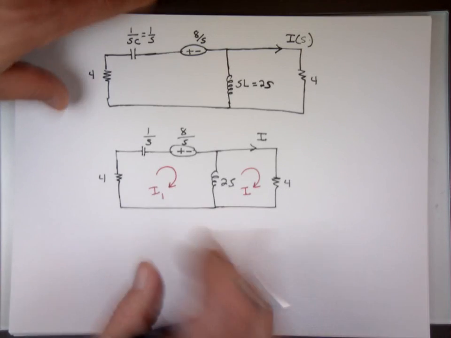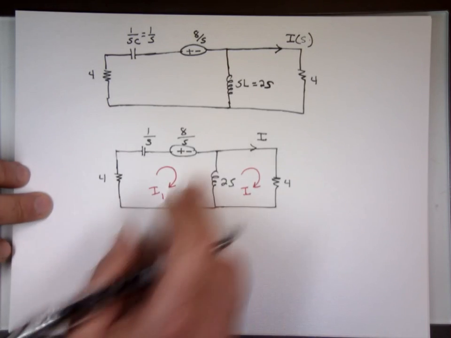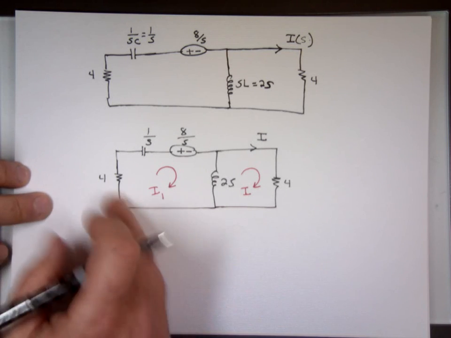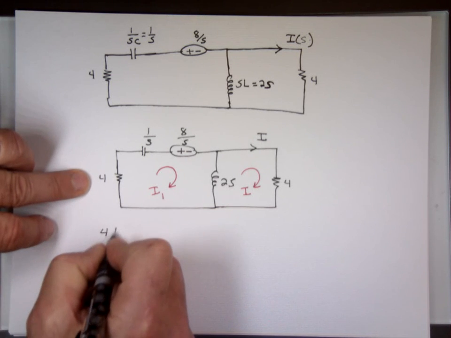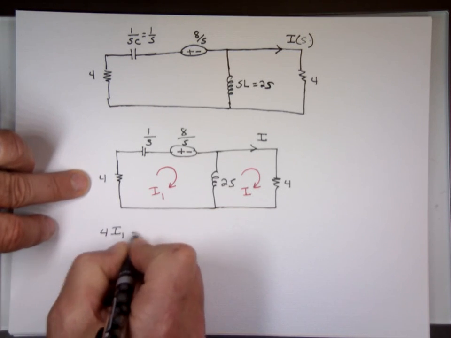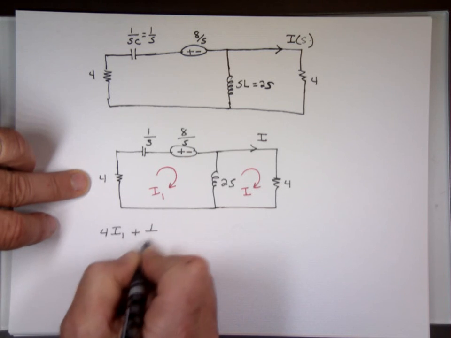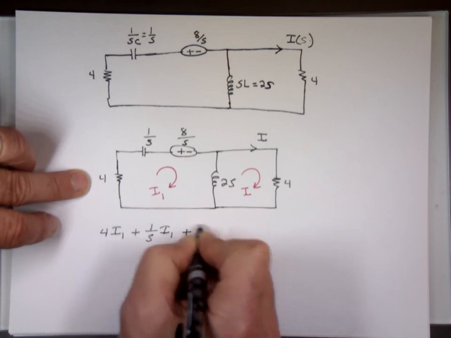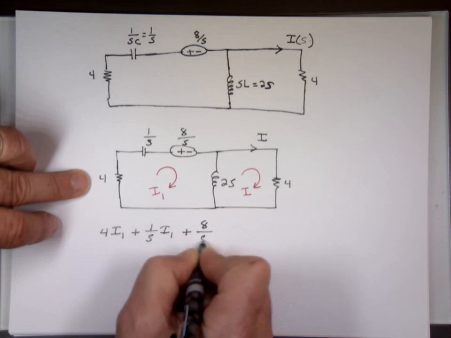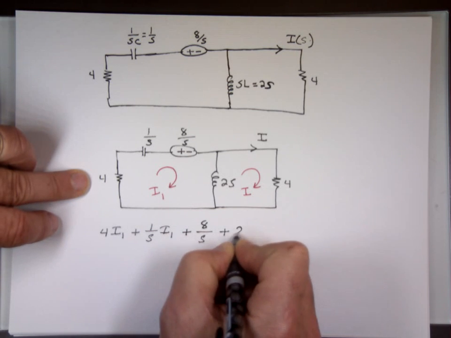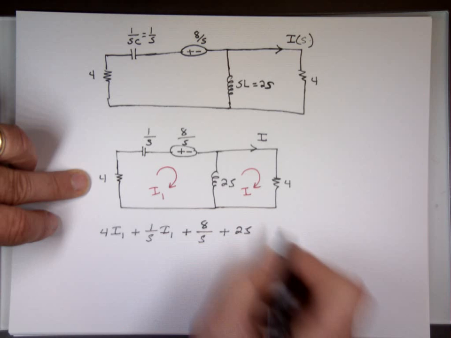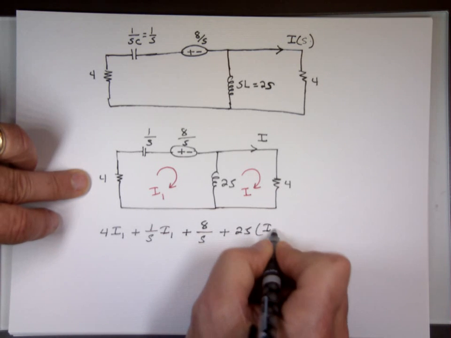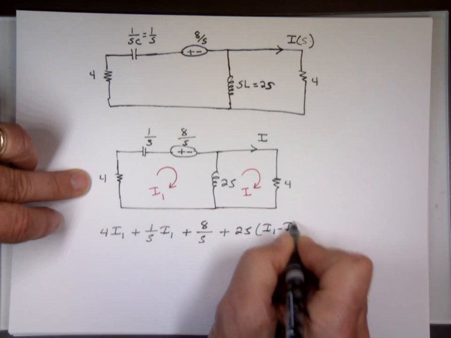So let's do the first loop right here. 4 I sub 1 plus 1 over S I sub 1 plus 8 over S plus 2S times I sub 1 minus I is equal to 0.